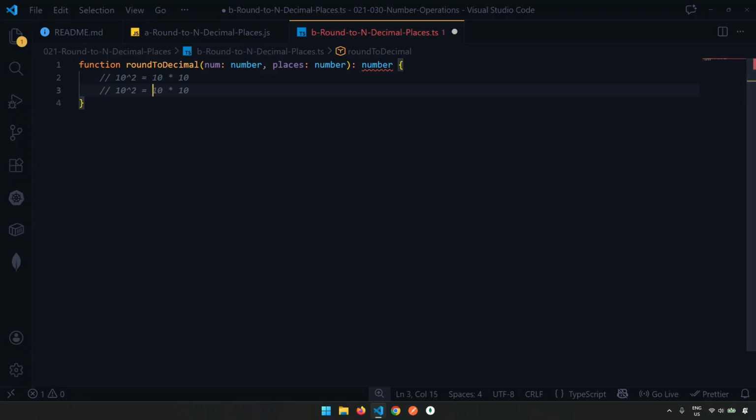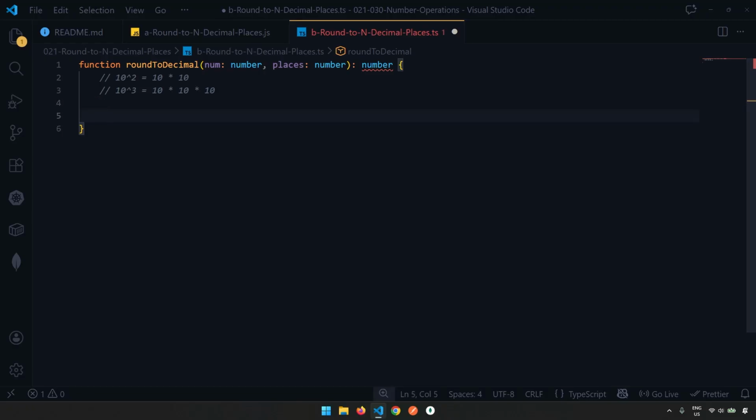Cool. If it is raised to the power of 3, this means 10 multiplied by 10 multiplied by 10. So something raised to the power of something basically means the base is going to be multiplied by itself that many times. And what are those many times? That's the power. So if the power is 5, the base is going to be multiplied by itself 5 times.